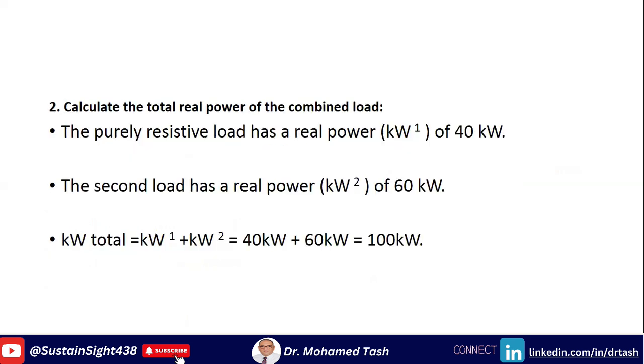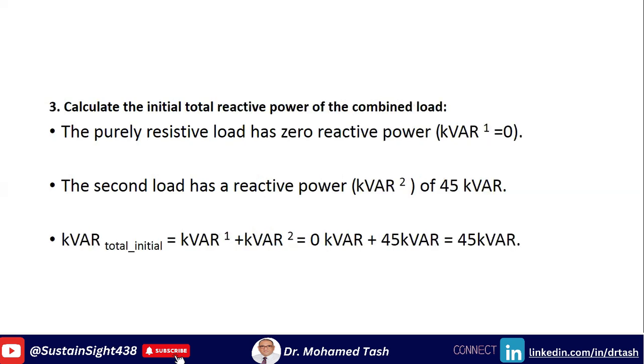Then we will calculate the total real power of the combined load. Here the purely resistive load has a real power of 40 kilowatt, and the second load is 60 kilowatt. So the total real power is 40 plus 60, which equals 100 kilowatt.